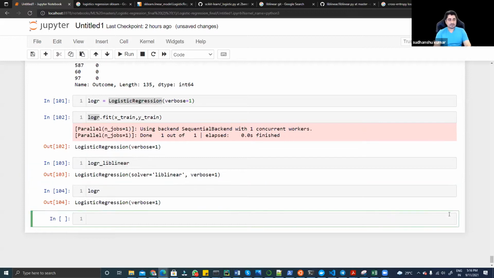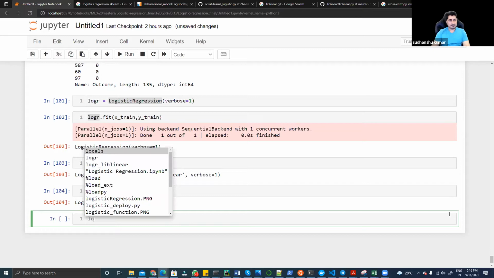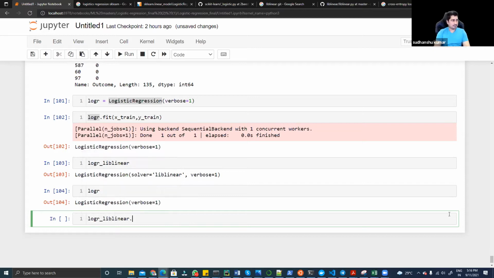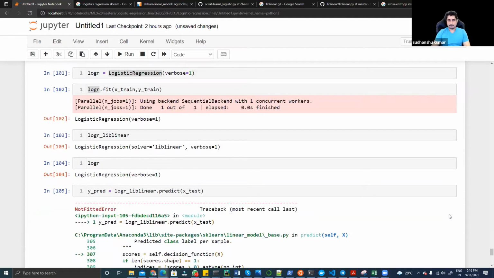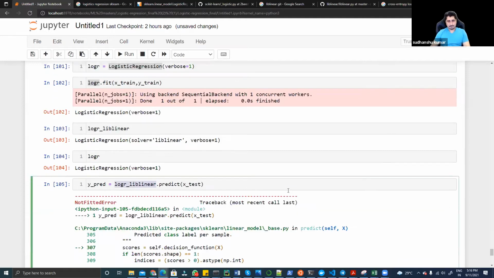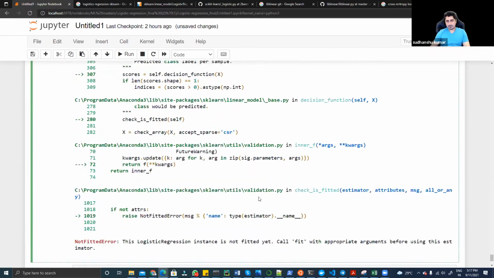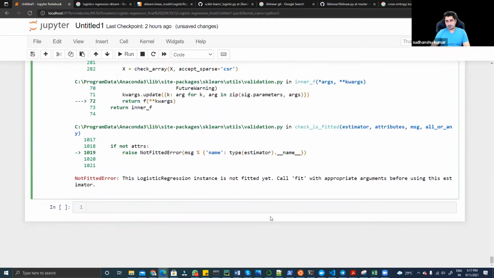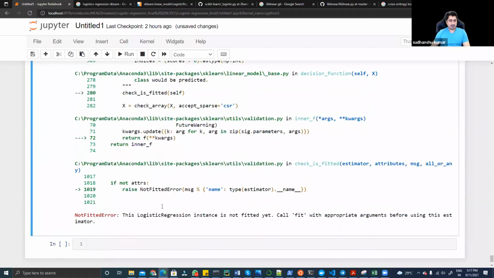Now here, I can try to do maybe a log R liblinear dot predict, and here we can try to pass the entire test data, let's suppose, right? So can I say that it is going to give me y pred for all the data? The regression instance is not fitted yet. Okay, I think I have not called a fit.